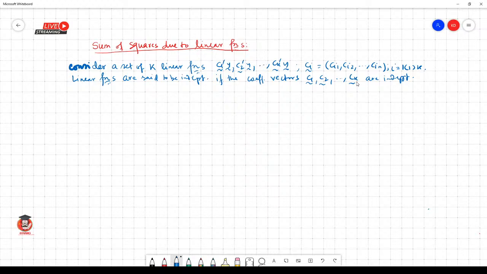The linear functions are said to be orthogonal if the coefficient vectors are orthogonal.